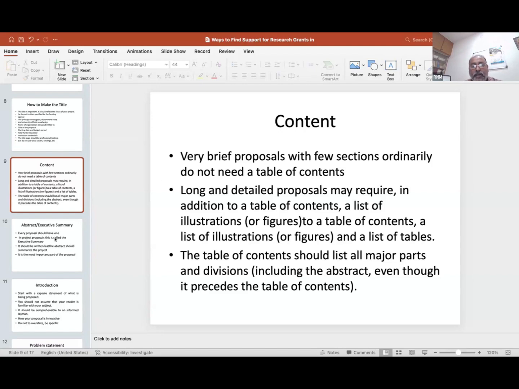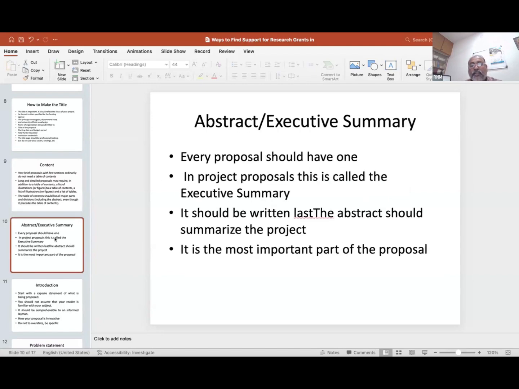The next slide is very important. Next. So I was telling you about the abstract or executive summary. Every proposal should have one executive summary. This executive summary summarizes the need for the research and the innovative way you are going to do it. Again, when I use the word innovative, don't get confused. What is innovative in a research proposal?